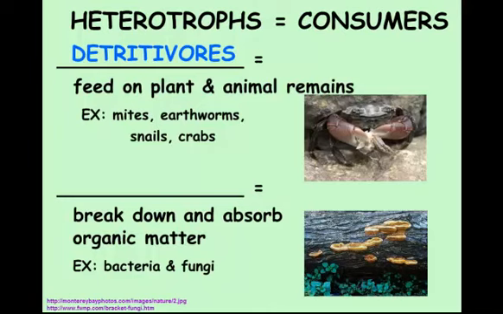The other kind of organism that gets energy from dead organisms, they break down and absorb organic matter from things that have died, are the decomposers. And that includes things like bacteria and fungi. Let's backtrack a little bit. Take a peek at this little picture at the bottom here. This is a tree that has fallen over and died.